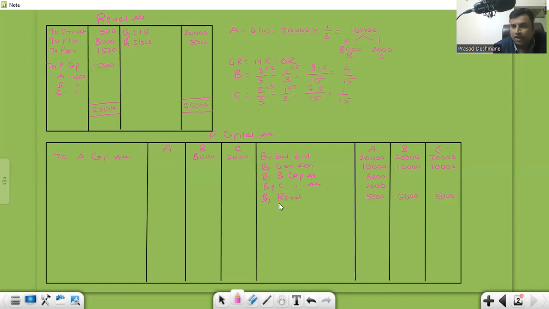Next, now we'll close the partners' capital accounts to get the adjusted balance of all three partners. Okay, so A's balance is 20 plus 10 plus 8 plus 2 plus 5: 45. Balancing figure is also 45 because there is nothing to subtract.